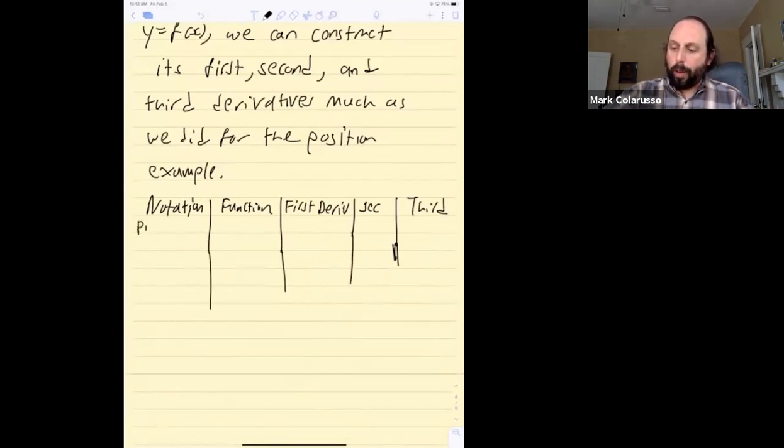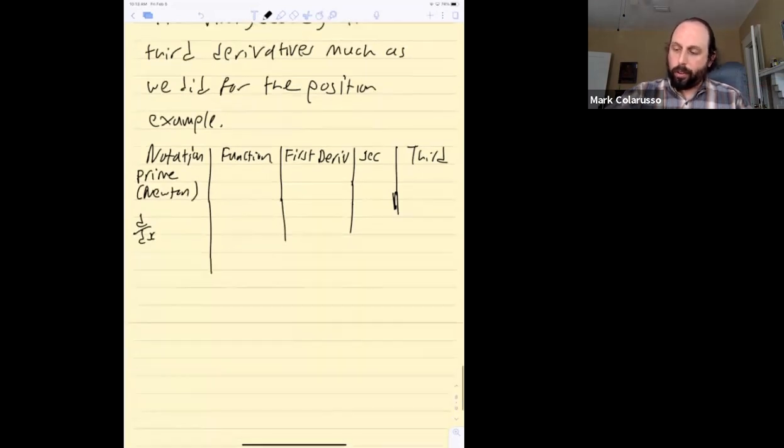So there's a so-called prime notation. This was developed by Newton, so elsewhere you might hear this called Newton's notation. And then there's this d/dx notation, which we've also been using. This is called Leibniz notation.